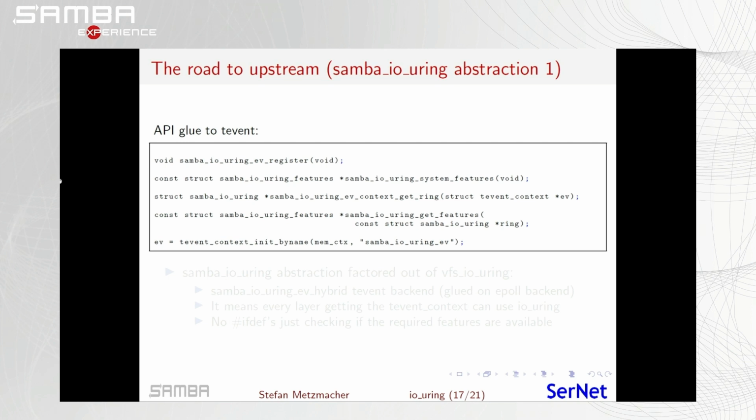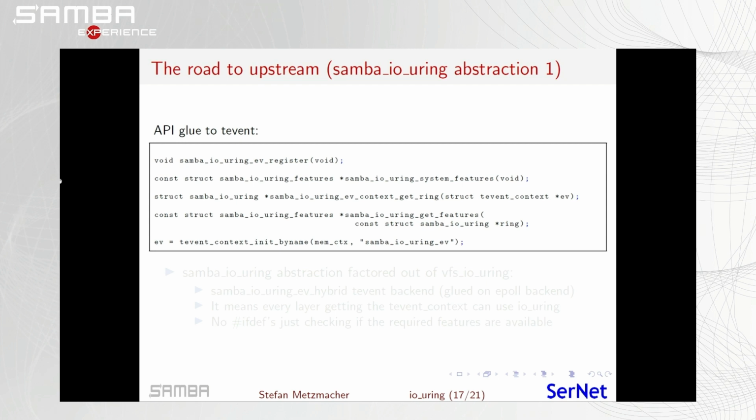If so, it registers the tevent backend, and then we have functions to get io_uring features, the global one, and then have a function to get a Samba io_uring context based on any given event context that may return null if there's no io_uring context attached to it, and then the code can just check, okay, in that case I need to fall back to legacy code.